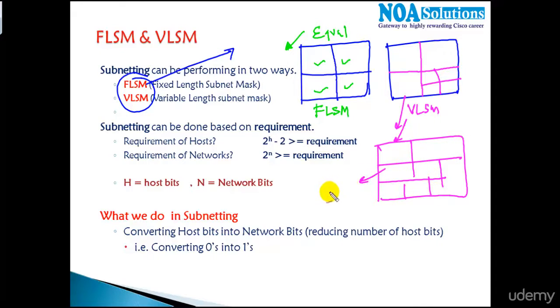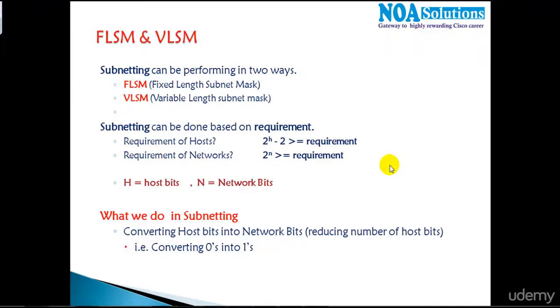You have variable sizes. Mostly in production networks, most of the designs are VLSM. Majorly when we design networks, we use VLSM, but FLSM is the foundation. So that's the reason when we start calculations, we'll focus initially on FLSM, and once we get good foundations on FLSM, we'll move on to VLSM.